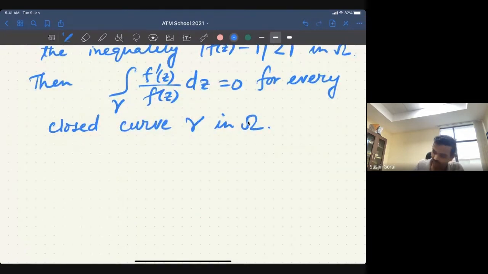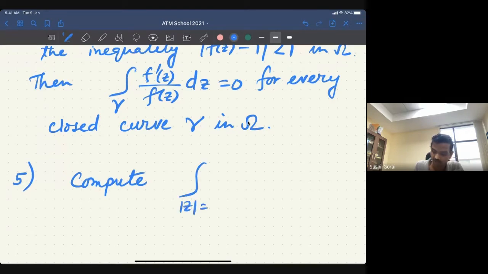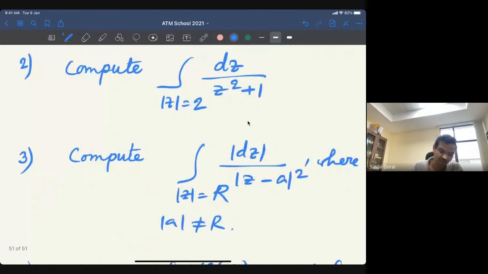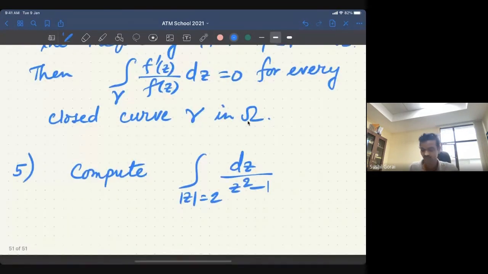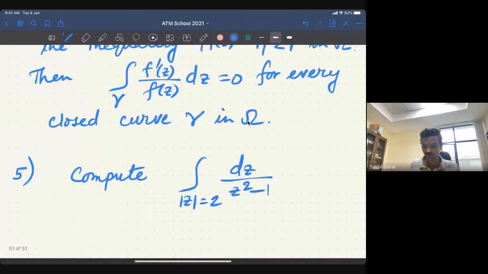So this is an interesting question. 5, compute the integral over mod z equal to 2 of dz by z square minus 1. This is similar to question number 2. All right, so you'll see these use either the winding number or Cauchy's integral formula.